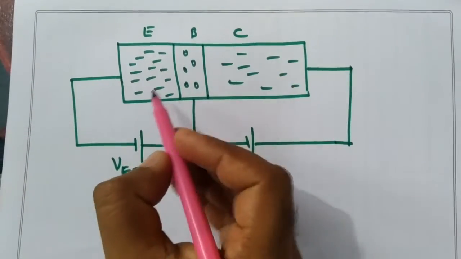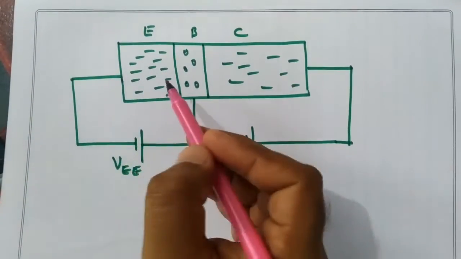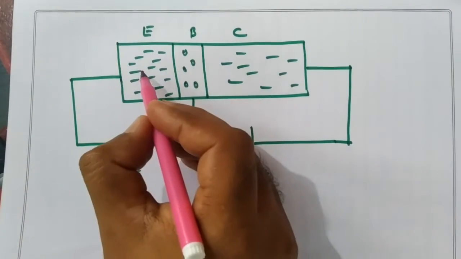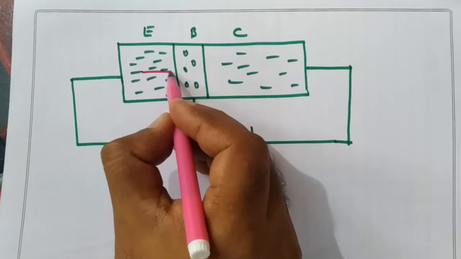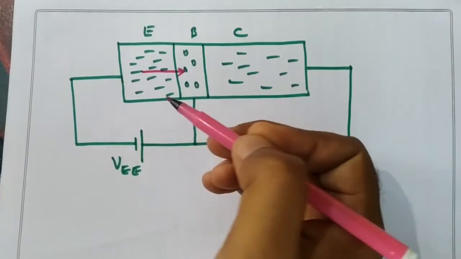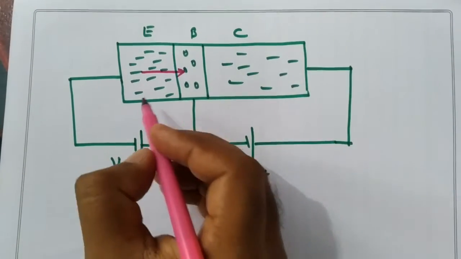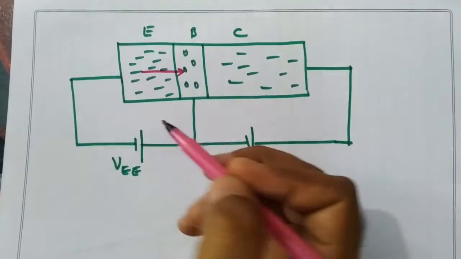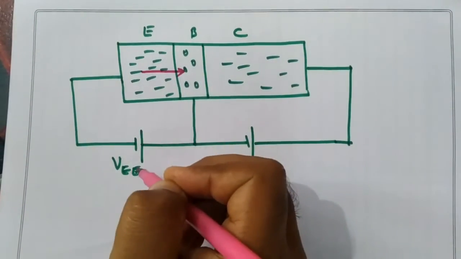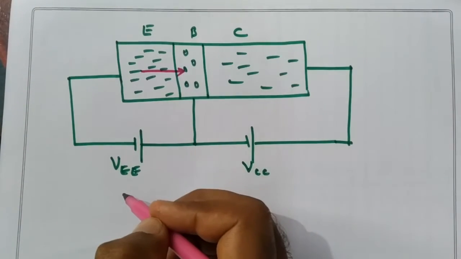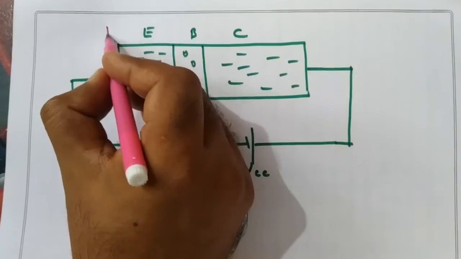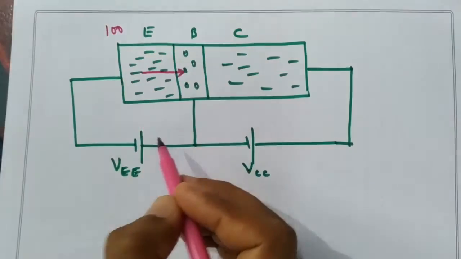Now the electrons in the emitter are repelled by the negative of the battery, so those electrons will move toward the base. So let us take one example. Let us say 100 electrons are emitted when you forward bias this. We have to apply a voltage greater than 0.7 volt as far as silicon is concerned. So let us say 100 electrons are emitted.